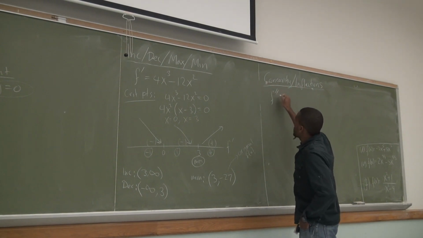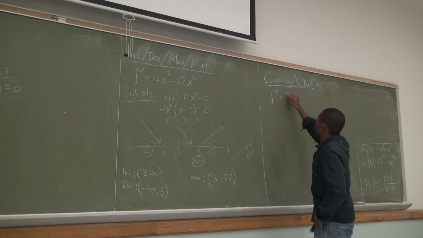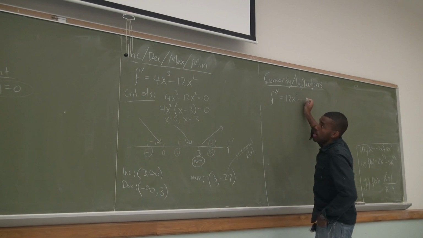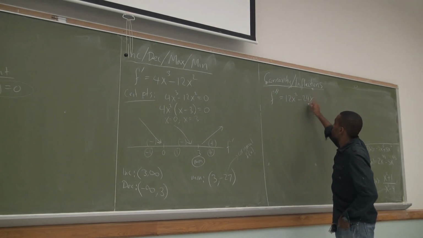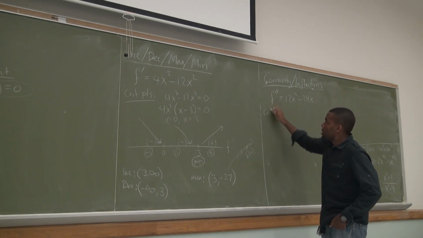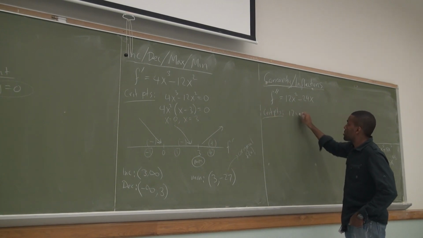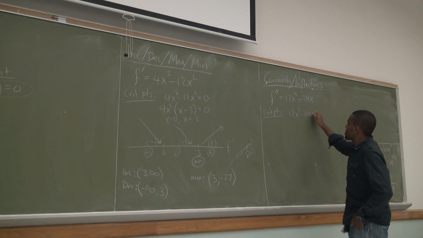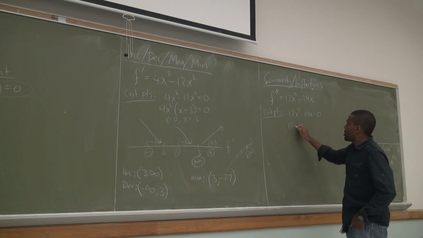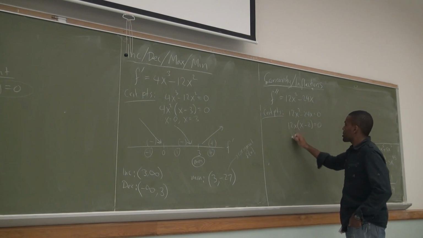Second derivative. My second derivative, I get 12x squared minus 24x. Find critical points, always defined, so I just set it to 0. x is a common factor, I get x minus 2. So x equals 0, x equals 2.